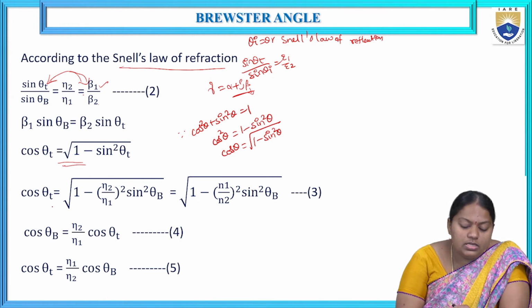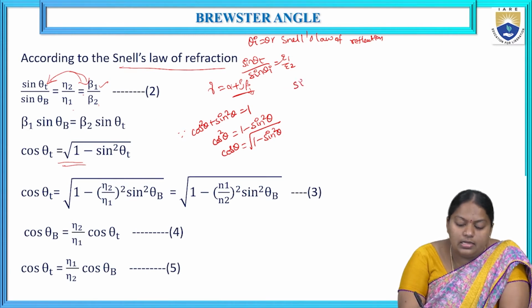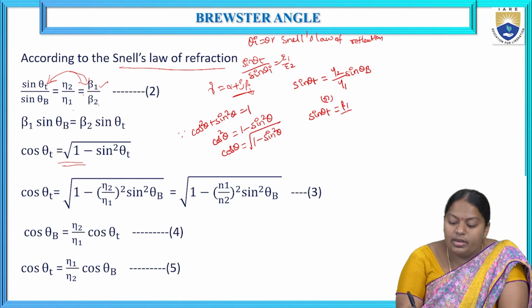Now substitute. See here cos theta t equal to root over. From these two relations, sin theta t by sin theta b equal to beta 1 by beta 2 or eta 2 by eta 1, we will consider here sin theta t equal to eta 2 by eta 1 into sin theta b, or in terms of beta 1, sin theta t equal to beta 1 by beta 2 into sin theta b.